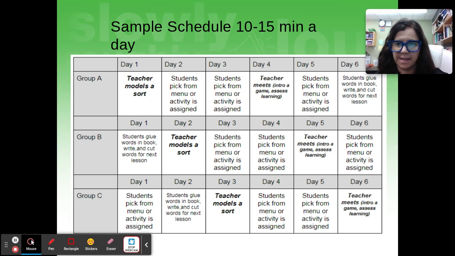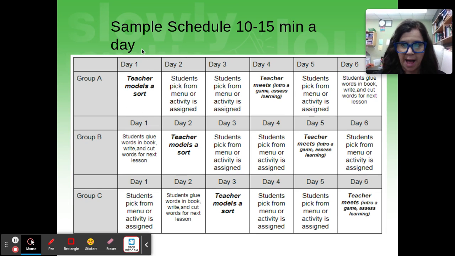I really love this idea that Pearson came up with, because the way that you do it is you're only really having one group a day. So if you're thinking about 5 days, over the course of 5 days, you would be meeting with a different group each day. So if you take a look, group A is, let's say one group, and you would model a sort.